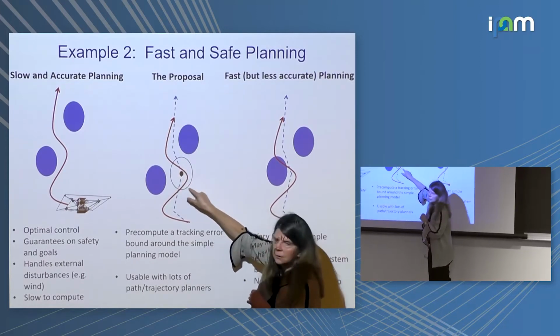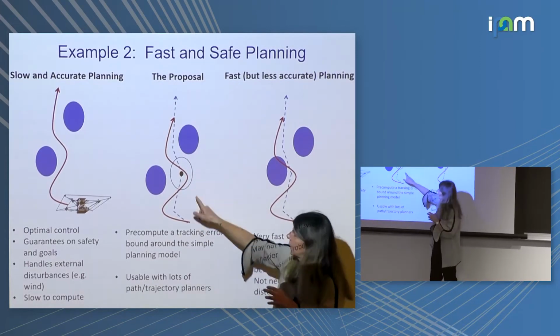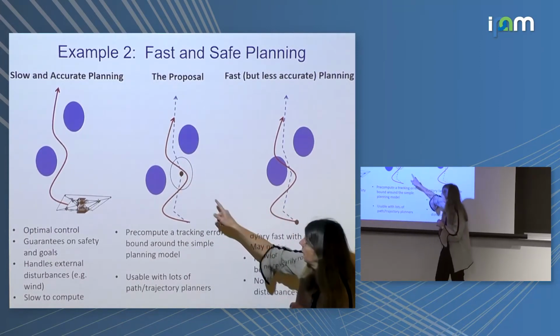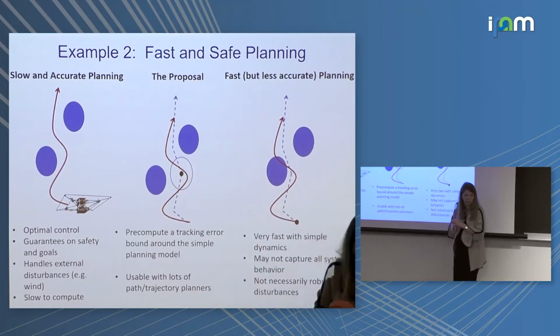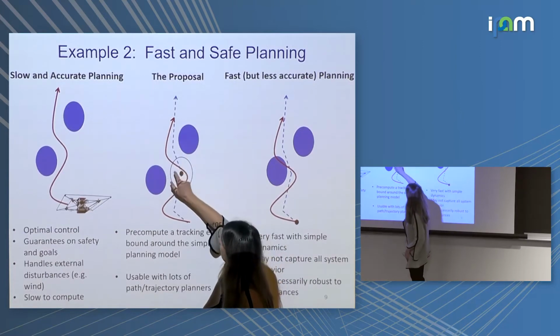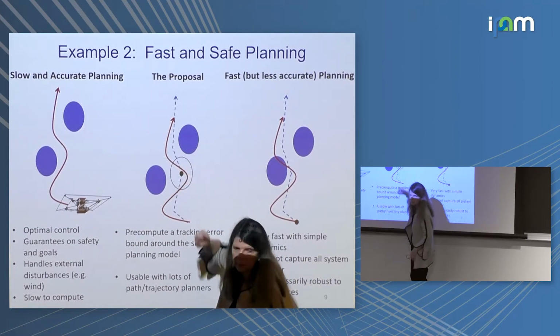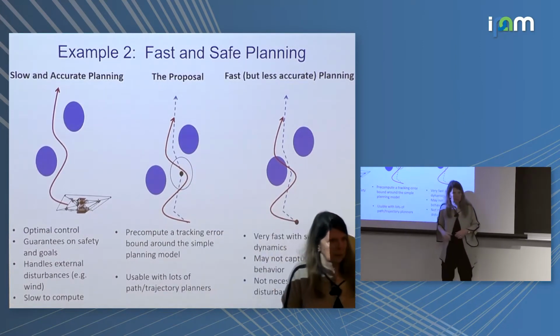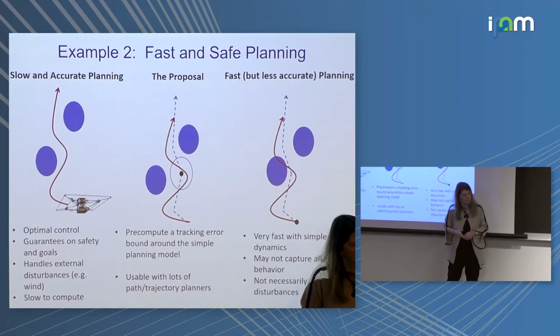You just carry that tracking error bound around with you. So then just do fast planning with a pre-computed tracking error bound, and don't allow the system to go into areas where your tracking error bound is too big. It's just like a bubble that goes around.